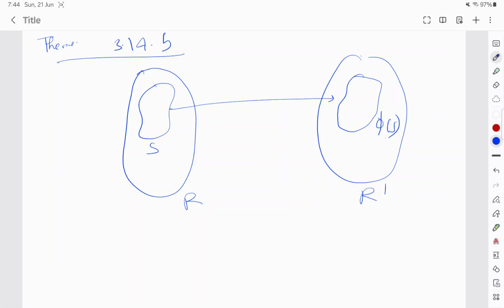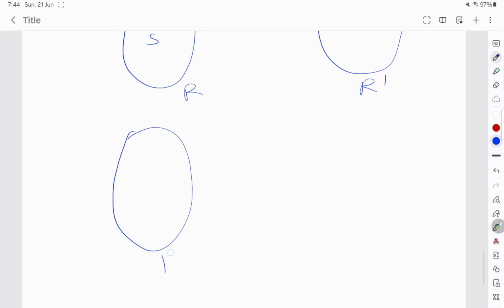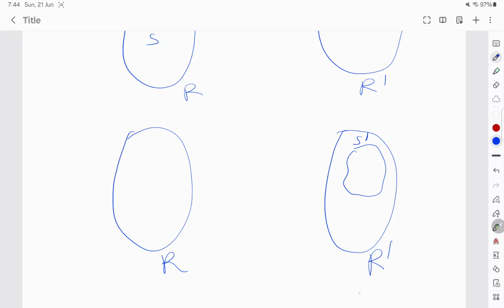And conversely, if you have a subring S dash of R dash, then coming back to the inverse image with the map phi inverse, you will get that this is also a subring of R. This type of thing you just have a look at.